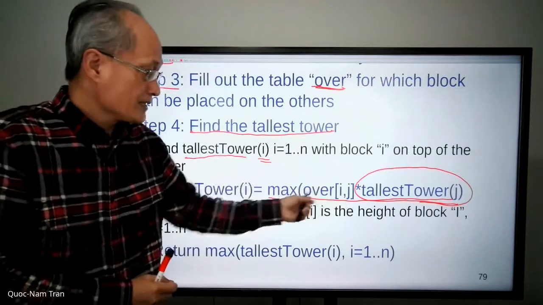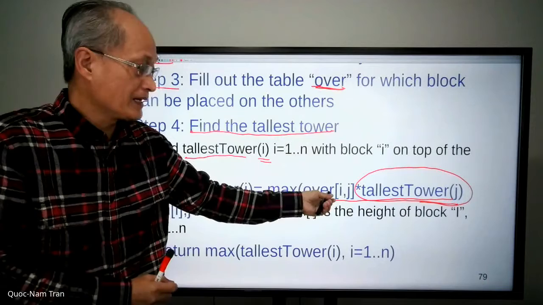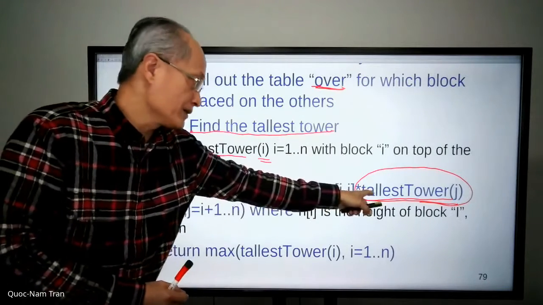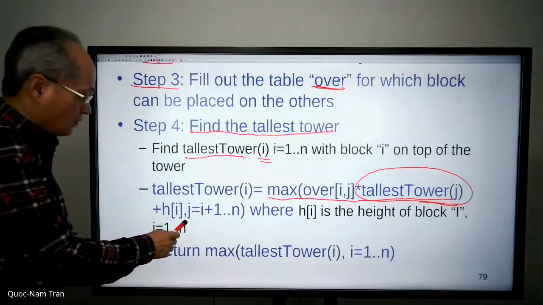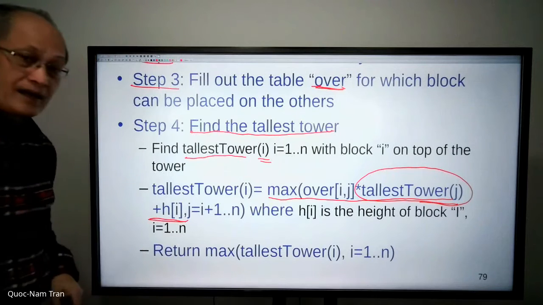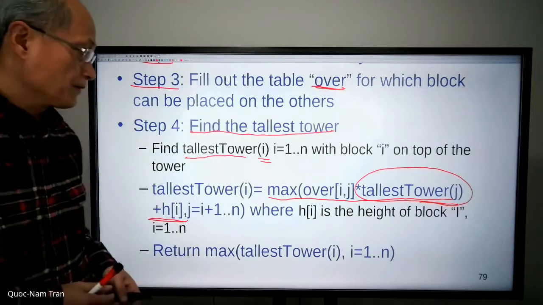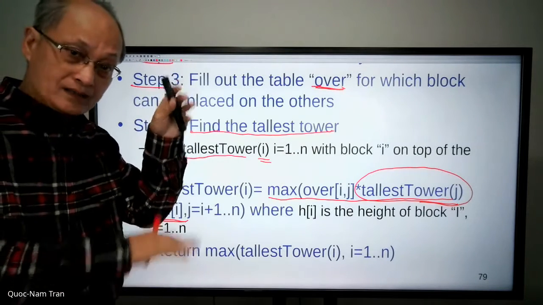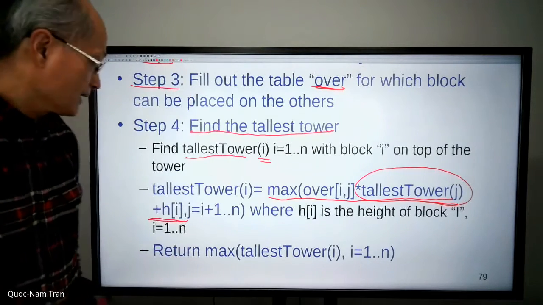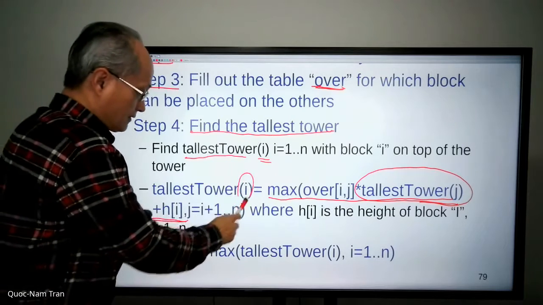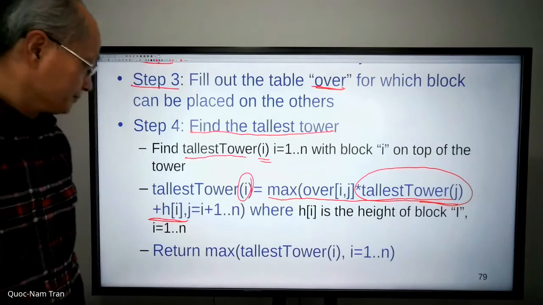And otherwise it will be 1, meaning that we compare this one plus with the height at I, and it is the new value for the tallest height at block I, right?